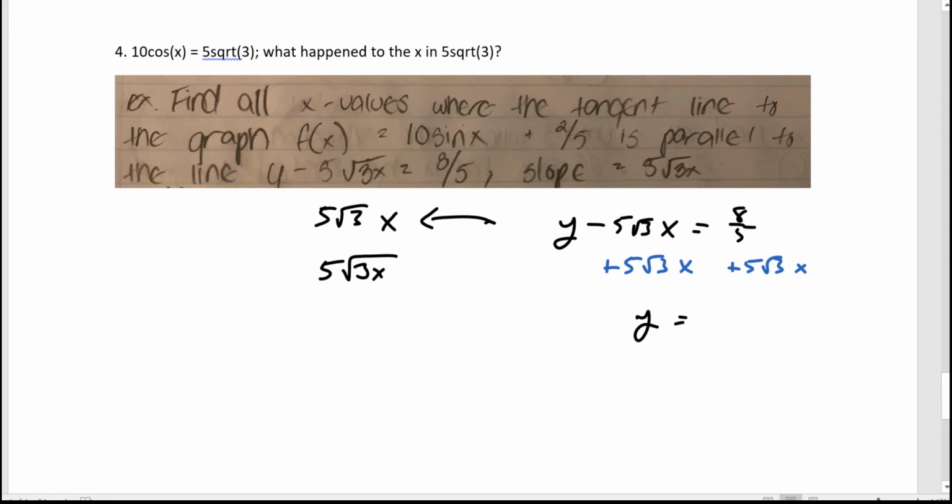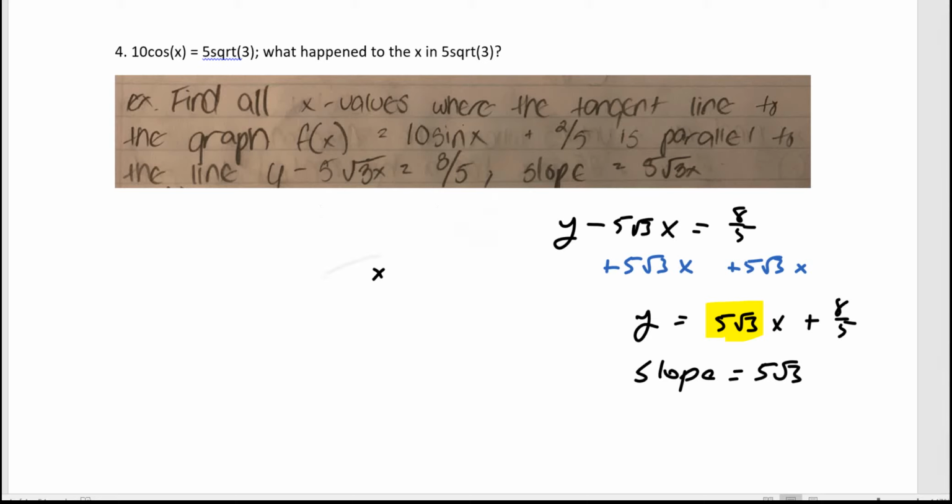We're going to get y equals 5 square root of 3x plus 8/5. Now that's in slope-intercept form, so the number in front of x, its coefficient, is the slope. So the slope equals 5 square root of 3.